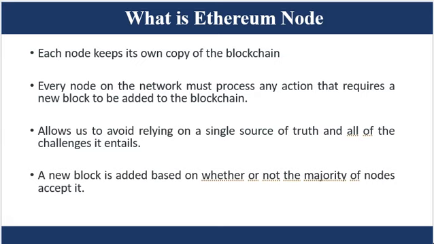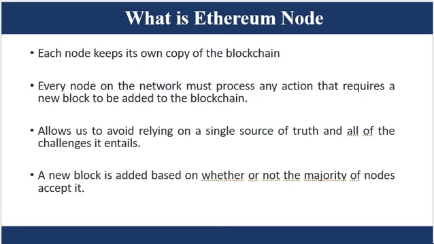Okay. So every node keeps its own copy of the blockchain and strives to verify that it matches the copy of all other nodes. Every node on the network must process any action that requires a new block to be added to the blockchain. So basically every node has to validate the transaction and add it into the blockchain.